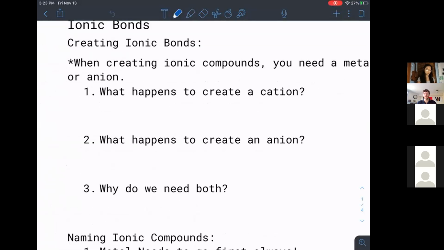Is it when you lose or gain an electron? Those are ions, but cations are specifically one of those two. Is it losing electrons or gaining? It's when you lose one. Both of those are perfectly correct answers. We're losing those valence electrons, which means we get a positive charge.